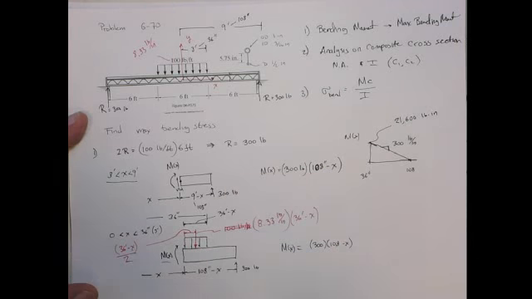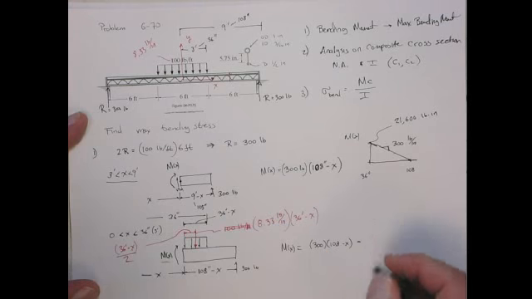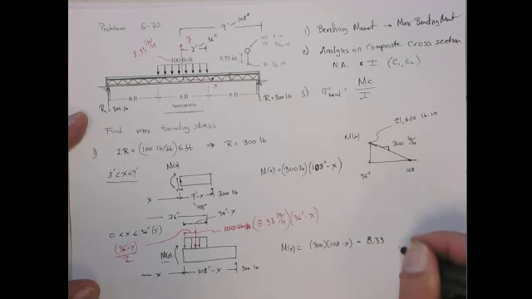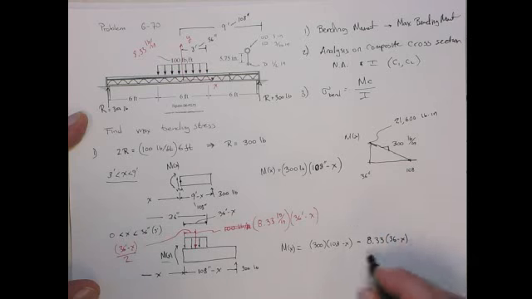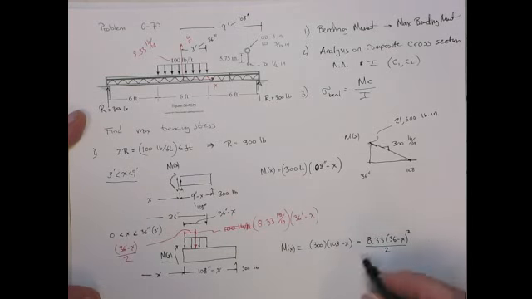But now we have this additional one, which is going to have a negative moment, and its value is going to be 8.33 times 36 minus x. That's the magnitude, and its moment arm is 36 minus x over 2. So this is going to be squared over 2. All right? So basically it's the same thing we had before, plus this little quadratic.